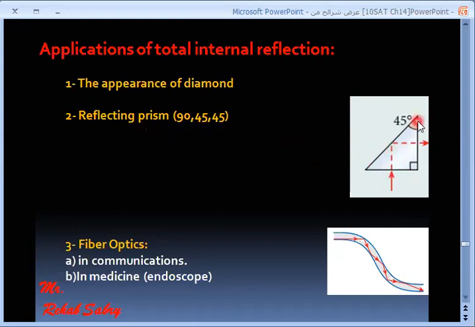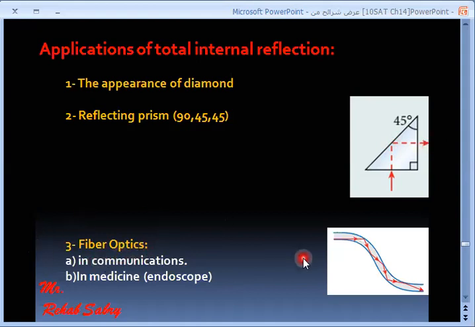Then it will hit this side with an angle of 45, and the angle 45 here is more than the critical angle, which is 42. So it will undergo total internal reflection to deviate with a normal angle, like this.